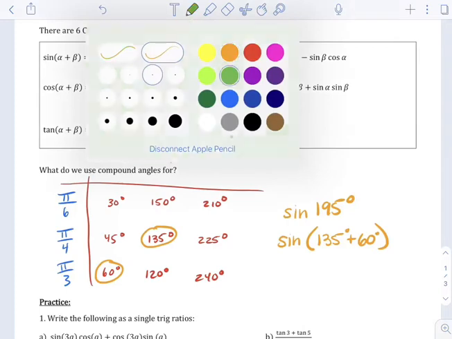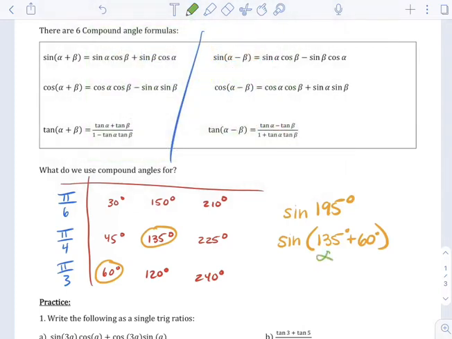And that would be considered alpha, beta. I'd be using the sine addition formula. And I would break that down into sine alpha, which is 135, times cos 60, plus sine B, which is sine 60, and cos 135.